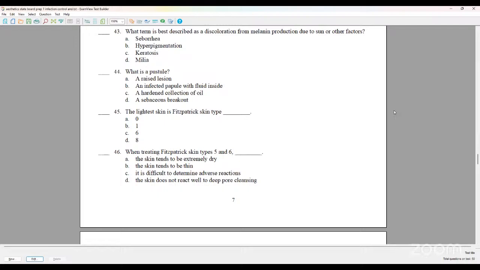That's why I'm fighting for the next publication to talk more about people of color. So Milady's definition is C. It's difficult to determine adverse reaction on skin types 5 and 6. It hasn't been studied, but they just say. I was thinking, because most products are made for Fitzpatrick 1 through, come on.